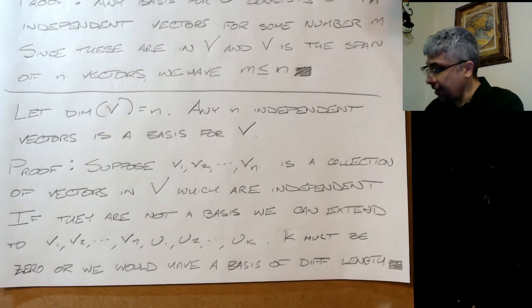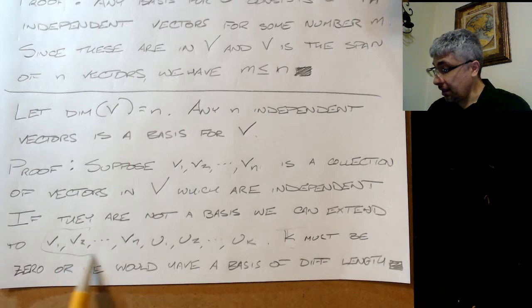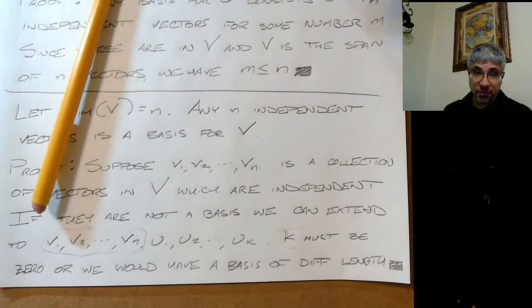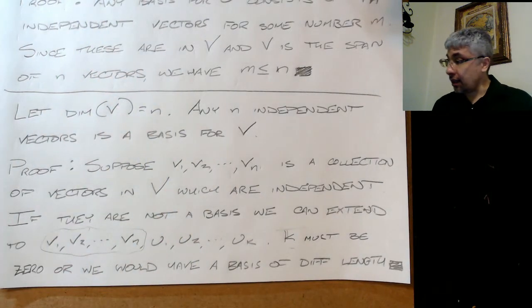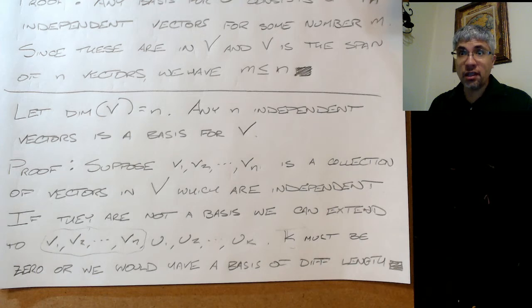And what does that mean? Well, if k is 0, that means this was a basis to begin with. So any collection of n vectors inside a vector space of dimension n, if they're independent, form a basis.